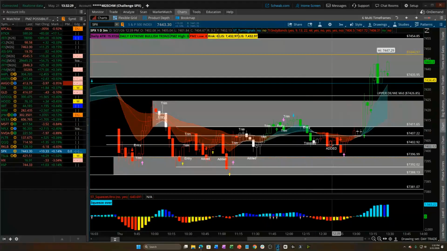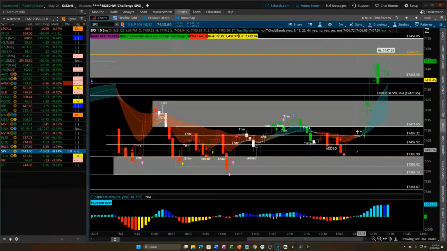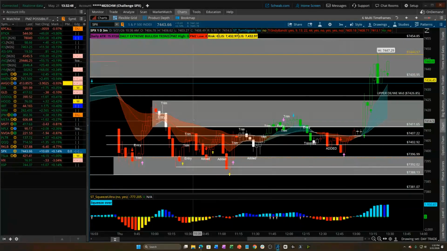All right. So I added right here. I took heat. I had a set and forget down here. It didn't make it to it. That's okay. I added right down here. Y'all saw me trim. Then it trimmed and trimmed. All right. And that was how I traded chop today.